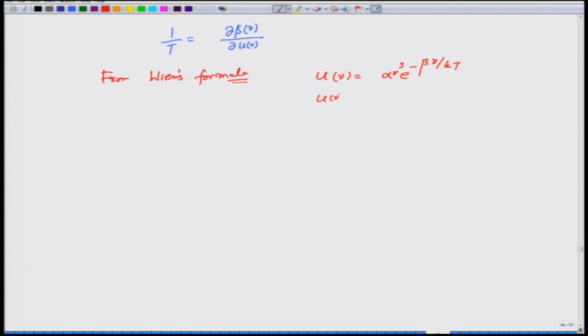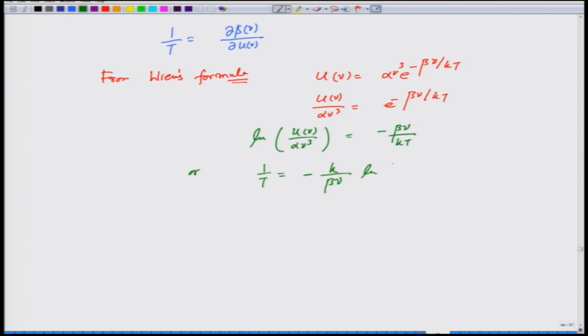So, u nu over alpha nu cubed is equal to e raised to minus beta nu over k T. Take log of both sides and you get log of u nu over alpha nu cubed is equal to minus beta nu over k T, or 1 over T is equal to minus k over beta nu times log of u nu over alpha nu cubed.